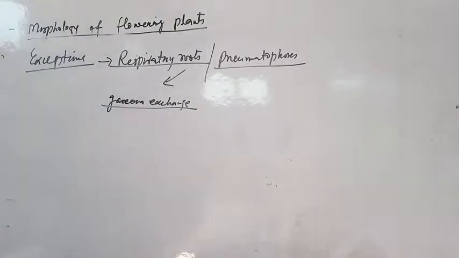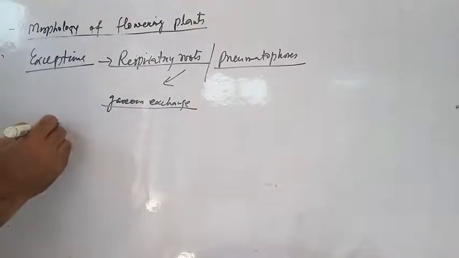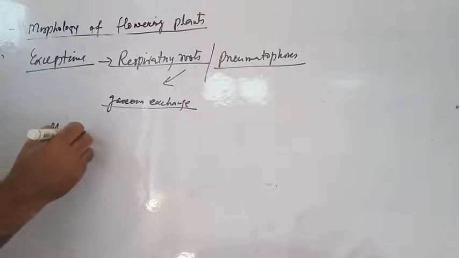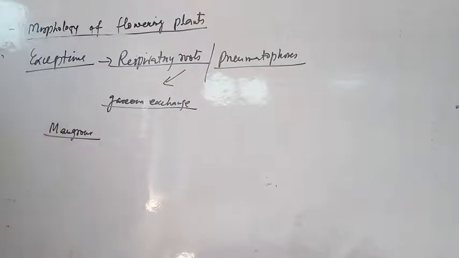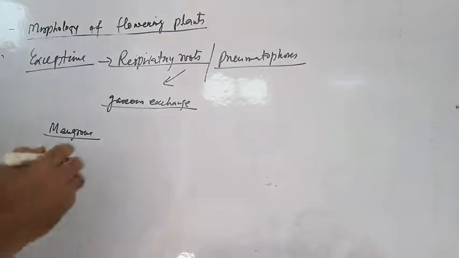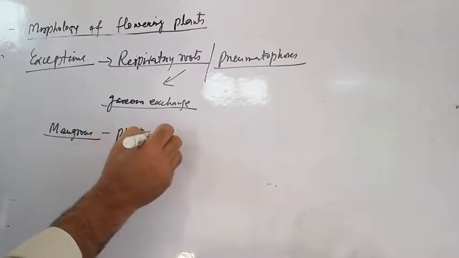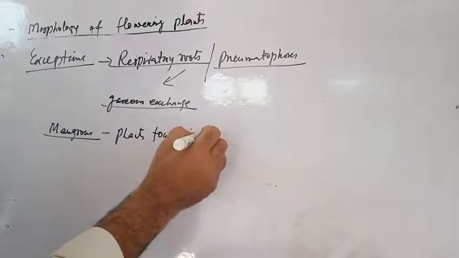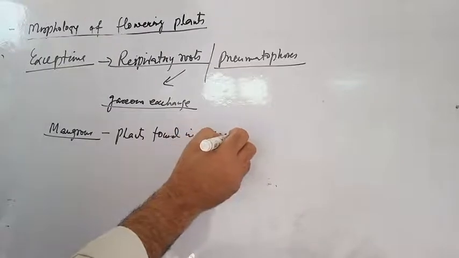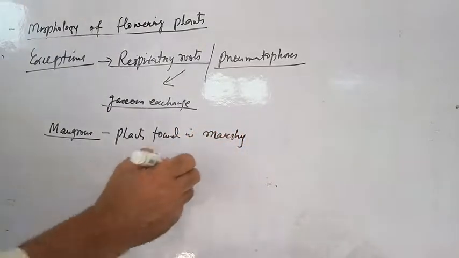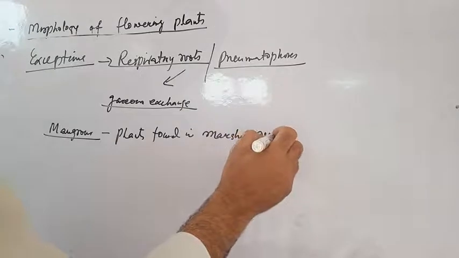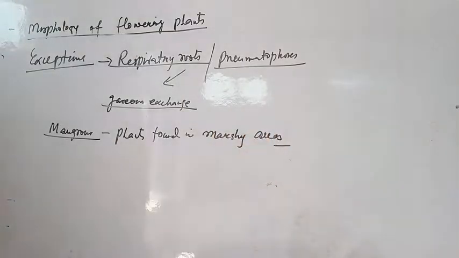These roots are found in mangrove plants. What are mangroves? These are plants found in marshy areas. We can take the example of Rhizophora.